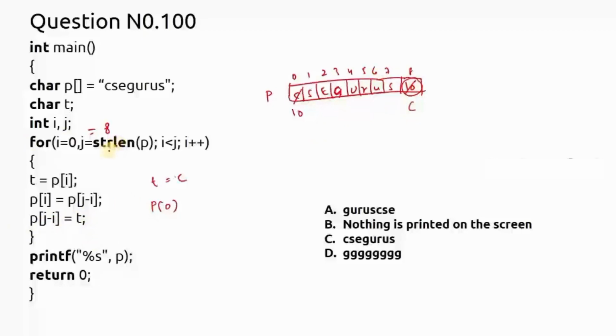Next, one thing you can observe: the first value here came as a null character. That means in the concept of strings, if you take any group of characters as a string, the last symbol must be a null character. Now here the first symbol itself is a null character.